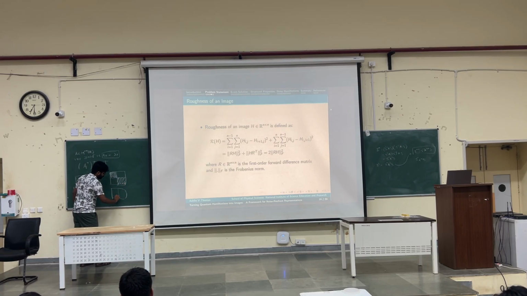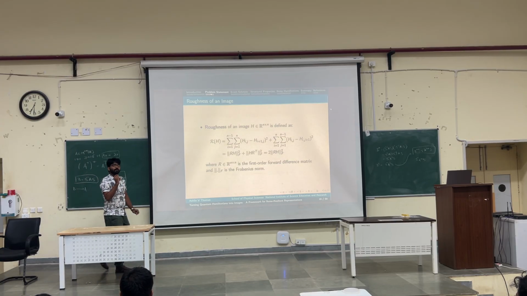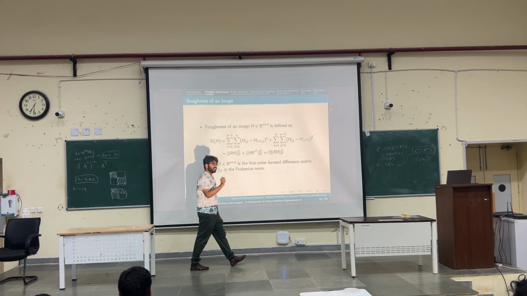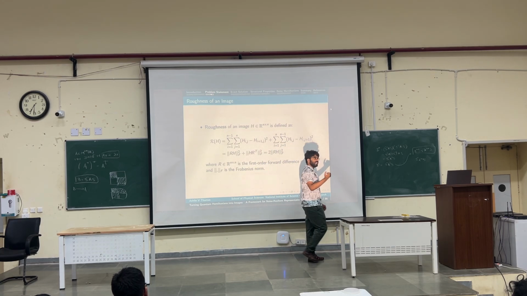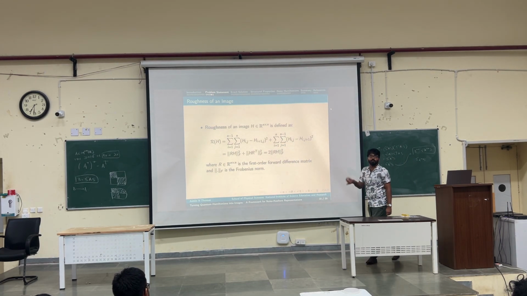The next image: this is very dark here, slightly dark here, white here, slightly dark here. Which among the following is the smoothest? Second one, right? Yeah. Because moving from a pixel to its nearest neighbor, the variation is minimum in the second one. So that's why we want the second one to be a smoother image.